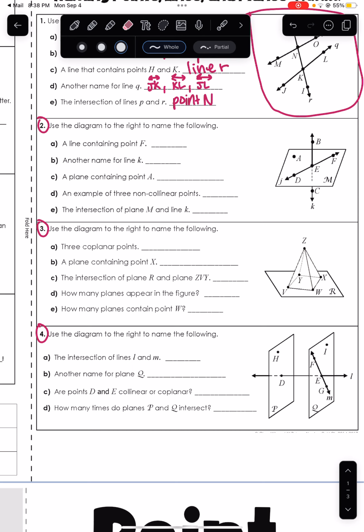I will put up the answers in a second, but I really want you to take this time, practice, and do it yourself because you need to get this down. This is just the beginning of using vocab and figuring out how to name points and lines and what coplanar and collinear mean. So really try to understand the answers and check your work.